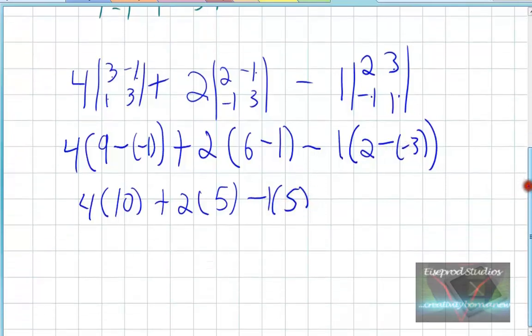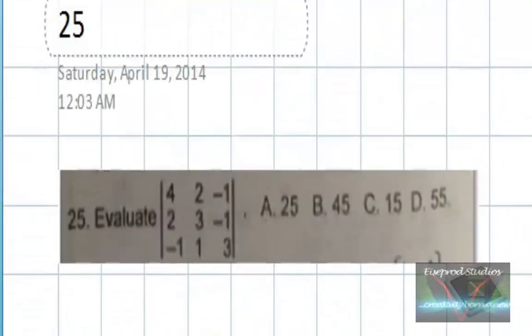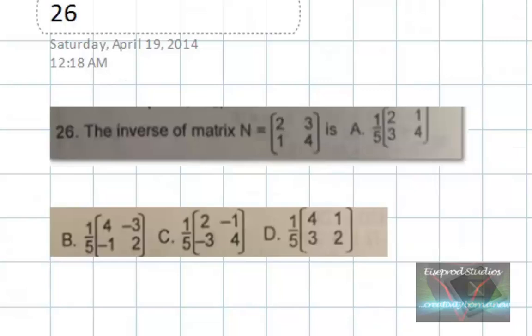So now we multiply out those numbers so we can get our answer. So 4 times 10 is 40, 2 times 5 is 10, and 1 times 5 is just 5. So 40 plus 10 is 50, minus 5 is 45. And that's our answer.